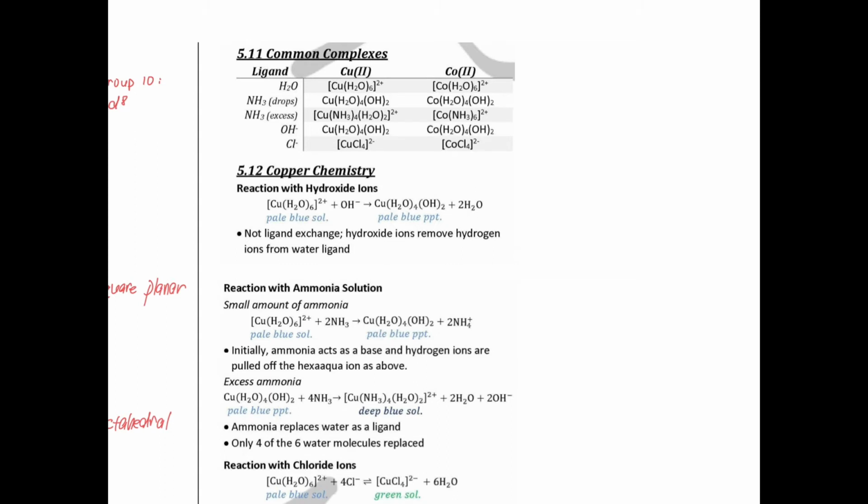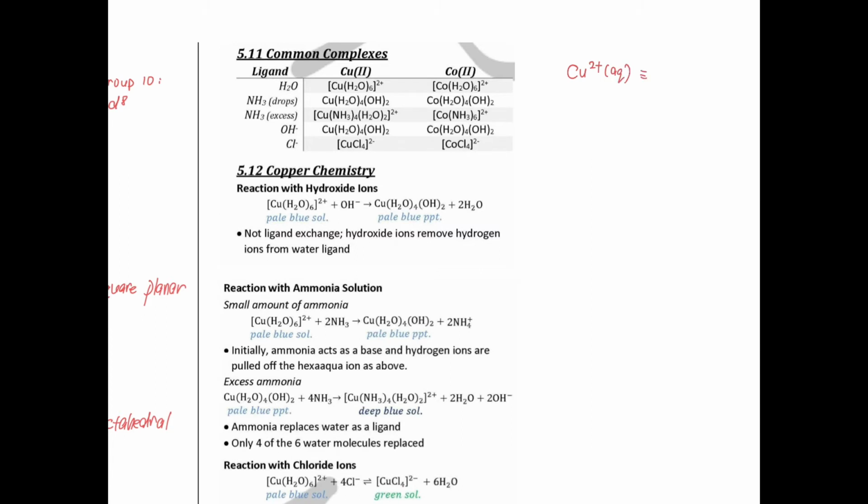So I'm not going to write here because you can always refer down here. And this pale blue solution is the copper 2 ions in water. Normally, or maybe last time when we put Cu2+ aqueous, we say this is blue color solution.